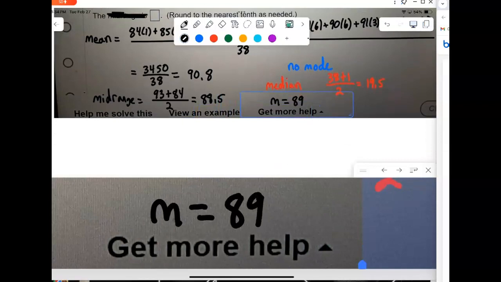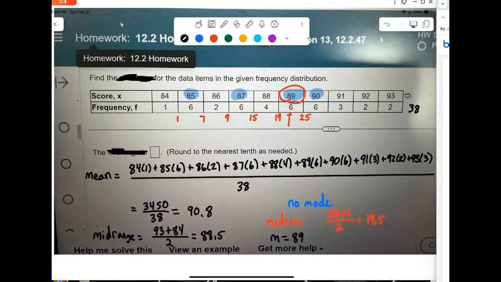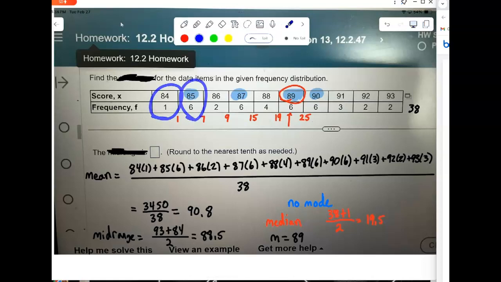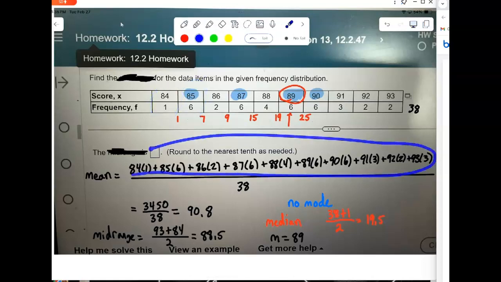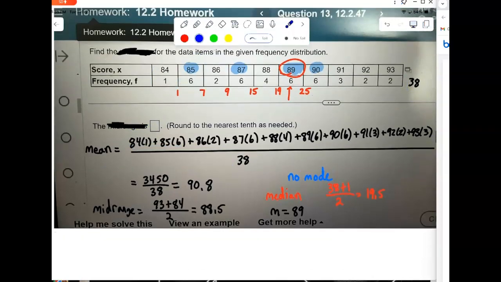Again, to find the mean, we take each data value times its frequency, add all those up, and then divide by the total number of values. Mid-range is always just highest plus lowest, add them up, divide by 2. Mode is the most frequent.